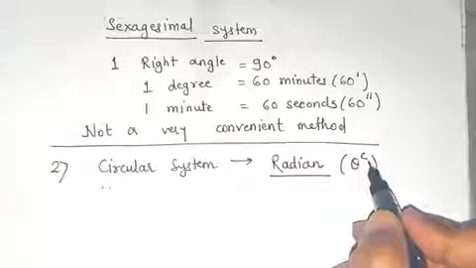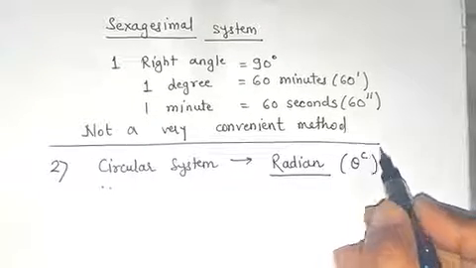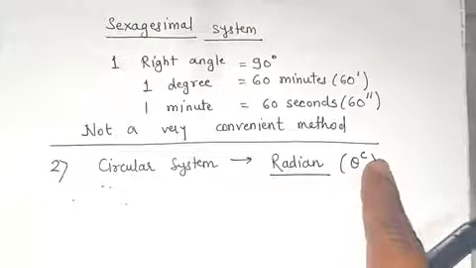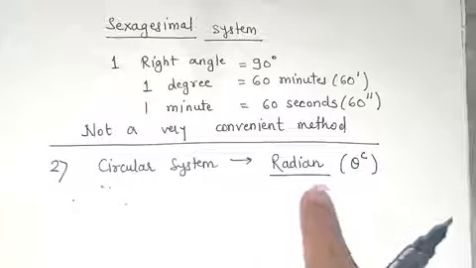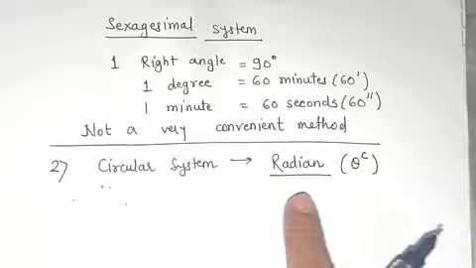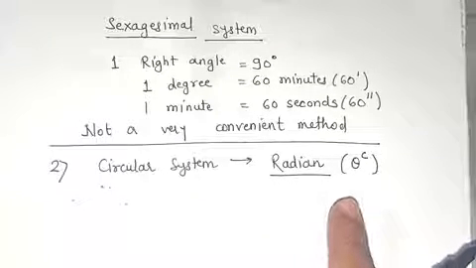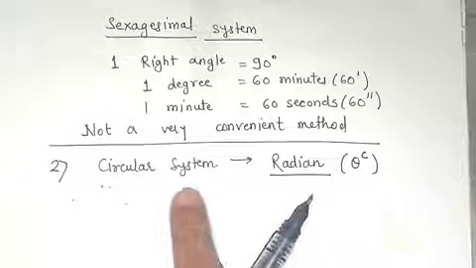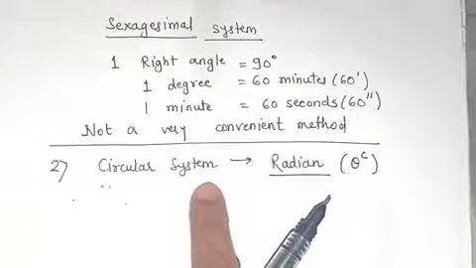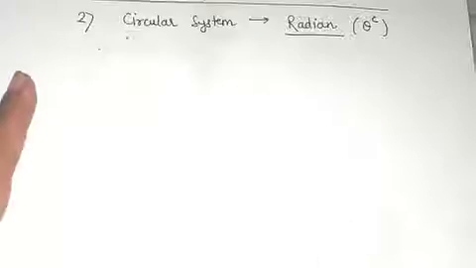So radian is always denoted by the symbol c. So this is theta radian, and generally pi radian, 2 radian, 1 radian, 3 pi radian, 4 pi radian. So we use this type of circular system in which angle is measured in radian.